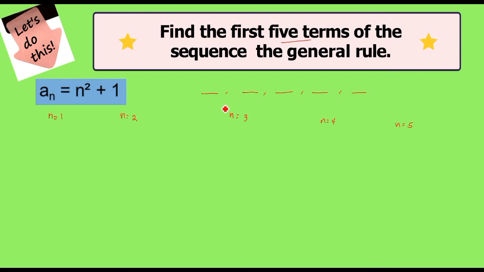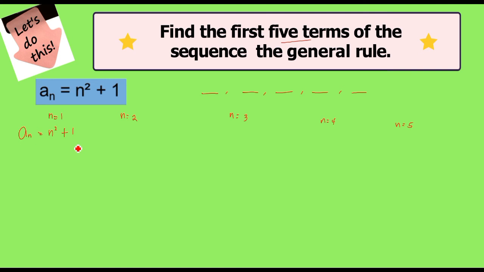Ayan. So, gamit again yung ating general rule na a sub n equals n squared plus 1. So, ang general rule natin ay depende kung ano ang gusto nating sequence. Okay? Hindi naman po pare-parehas yung general rule, kasi depende kung ano ang sequence na ibinigay niya, ano yung difference ng bawat term.